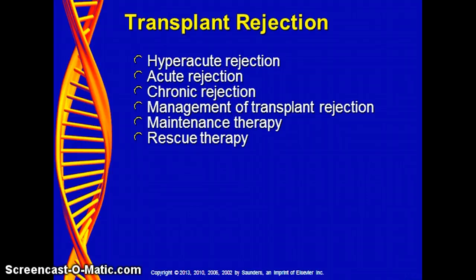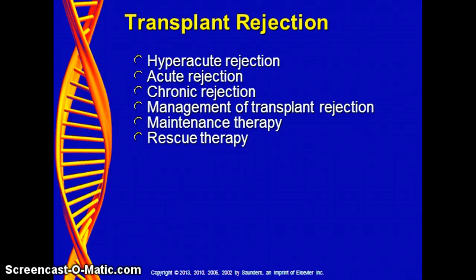Because the recipient, the blood, already has pre-existing antibodies to particular antigens, including different blood types, the antigen antibody complexes adhere to the lining of the blood vessels in that donor organ and cause the complement system to be activated and trigger blood clotting. So then what will happen is that organ will become necrotic and will end up dying.